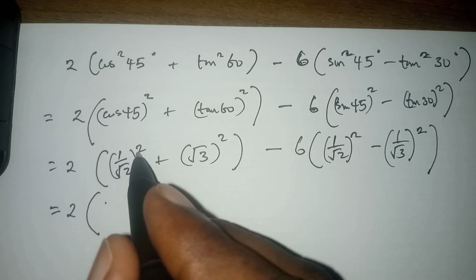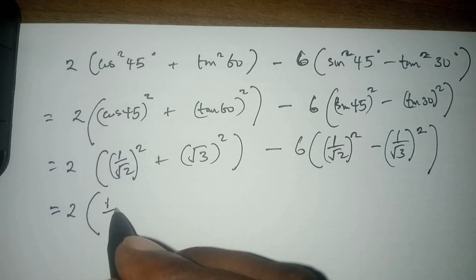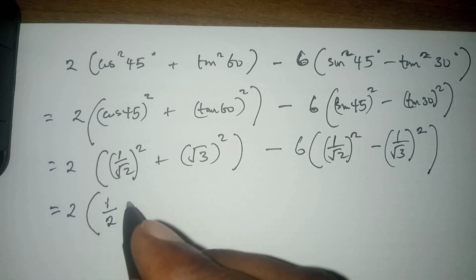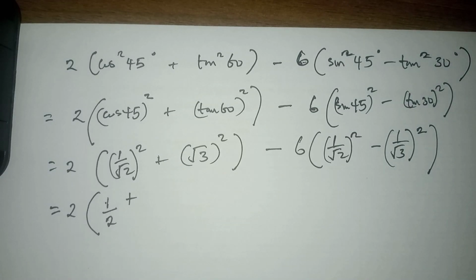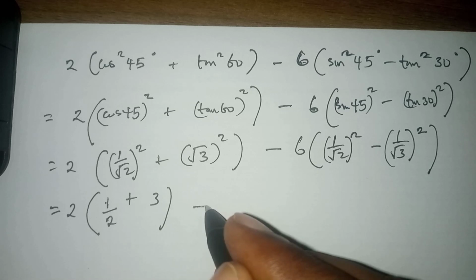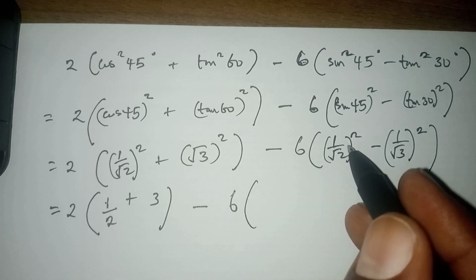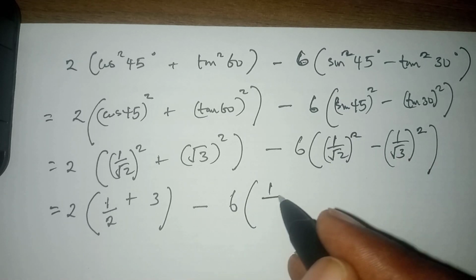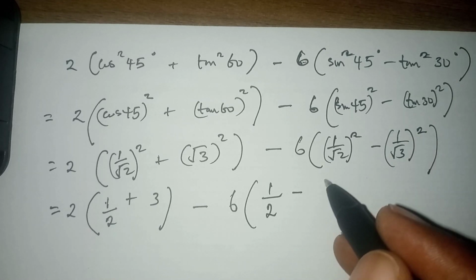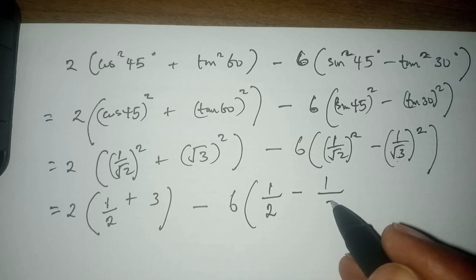So this is 1 square, which is 1. Root 2 square is 2, plus root 3 square, which is 3, minus 6 into the same thing: 1 square is 1, root 2 square is 2, minus 1 square is 1, root 3 squared is 3.